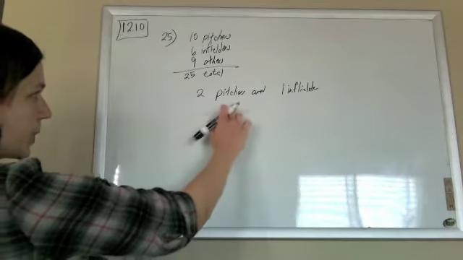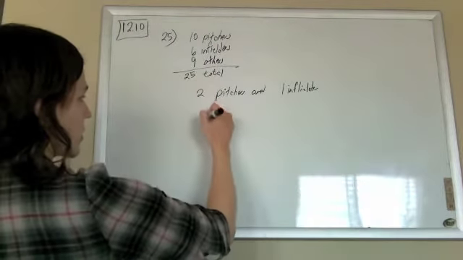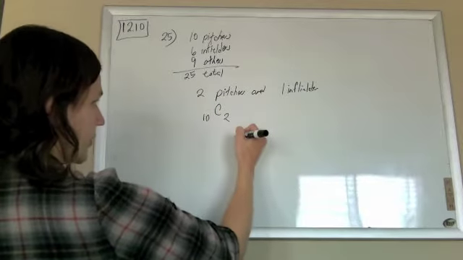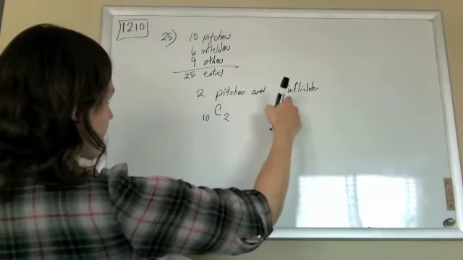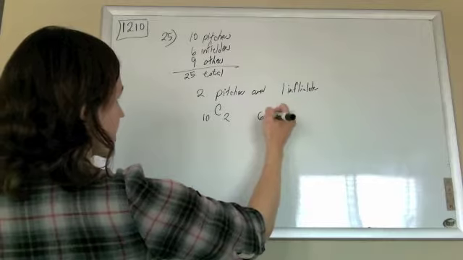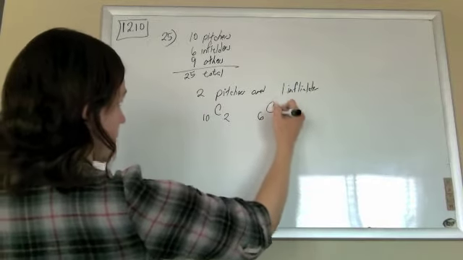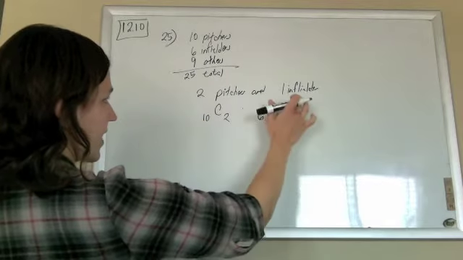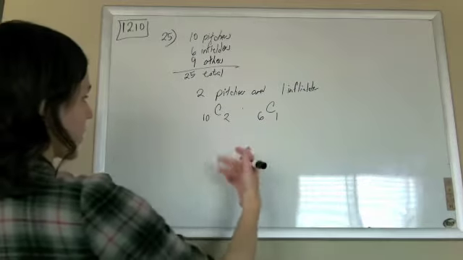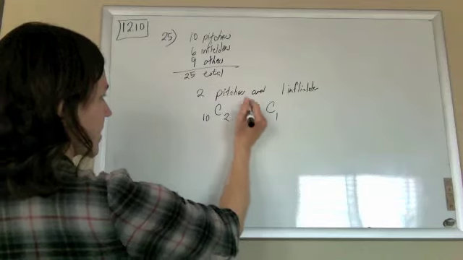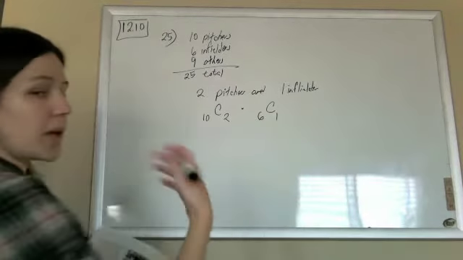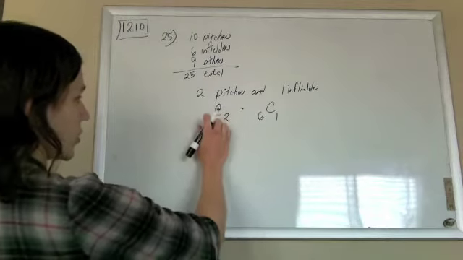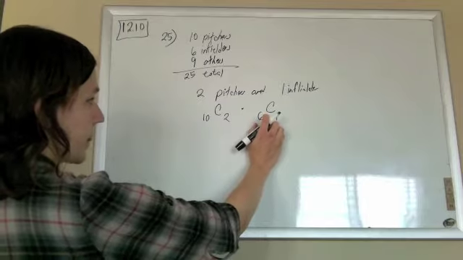So to choose our 2 pitchers, there are 10 pitchers total, and we want to choose 2 of them. And to choose our infielders, there are 6 infielders total, and you want to choose 1 of those. We want this and that. So when you see that and, you're thinking multiply. So there are this times that many ways to choose your 2 pitchers and your 1 infielder.